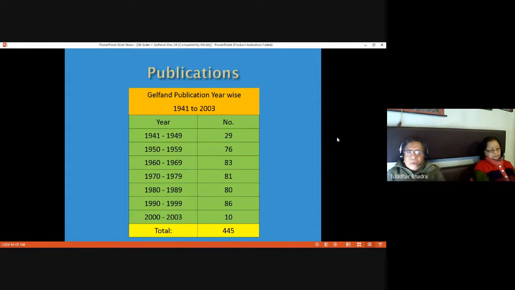Let's look at his publications. Gelfand's publications year-wise, 1941 to 2003. From 1941 to 1949, in 10 years, he published only 29. 1950 to 1959, 76, and so on, 1990 to 1999, 96, 2000 to 2003, 10. In total he has 445 publications.